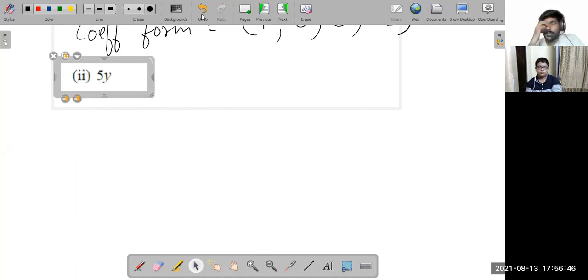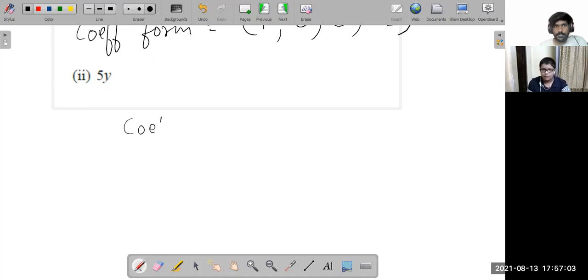For this one, tell me the coefficient form. 5 is correct. And after that, anything else?